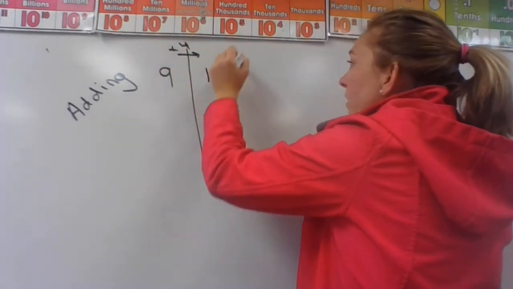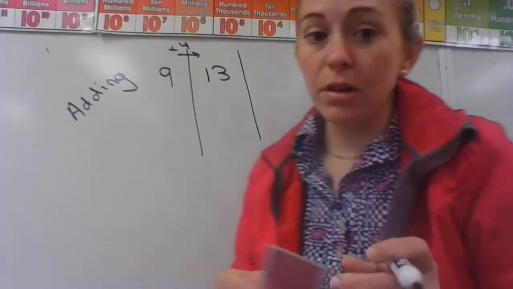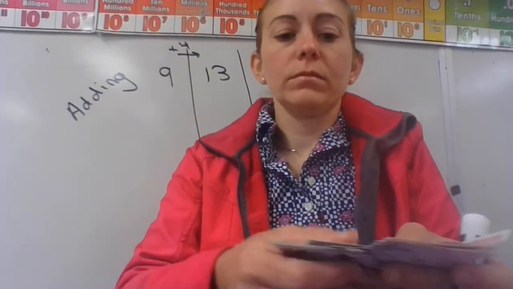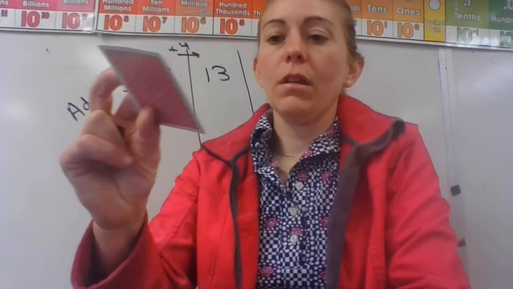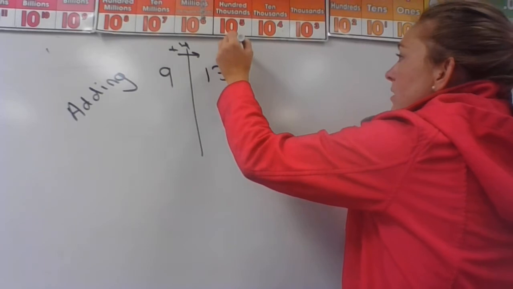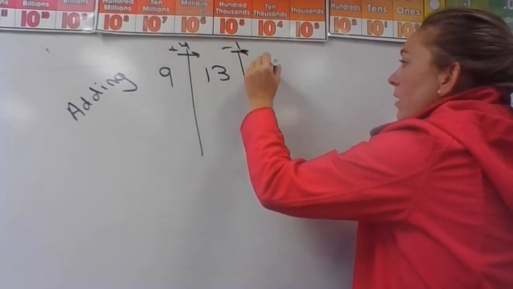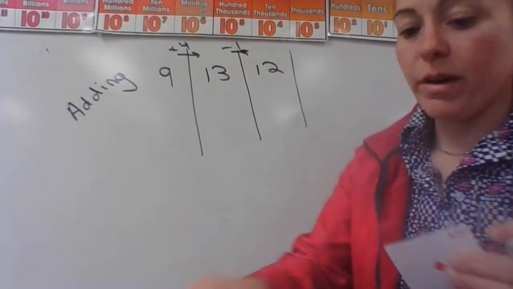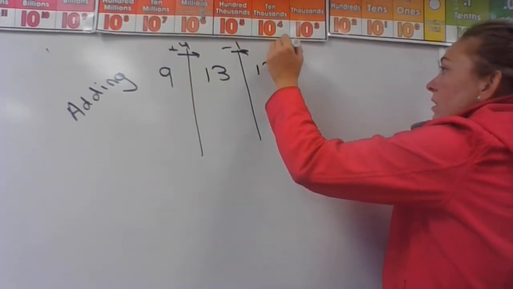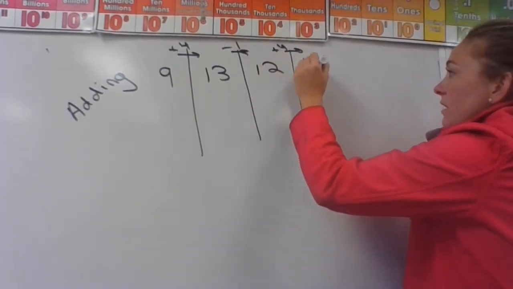All right, then I'm gonna pull a third card for my second change. 1. So now I'm going to subtract 1. So minus 1. 13 minus 1 is 12. All right, then I'm going to go back and do my 4. I'm just going to keep repeating that. So plus 4. 12 plus 4 is 16.